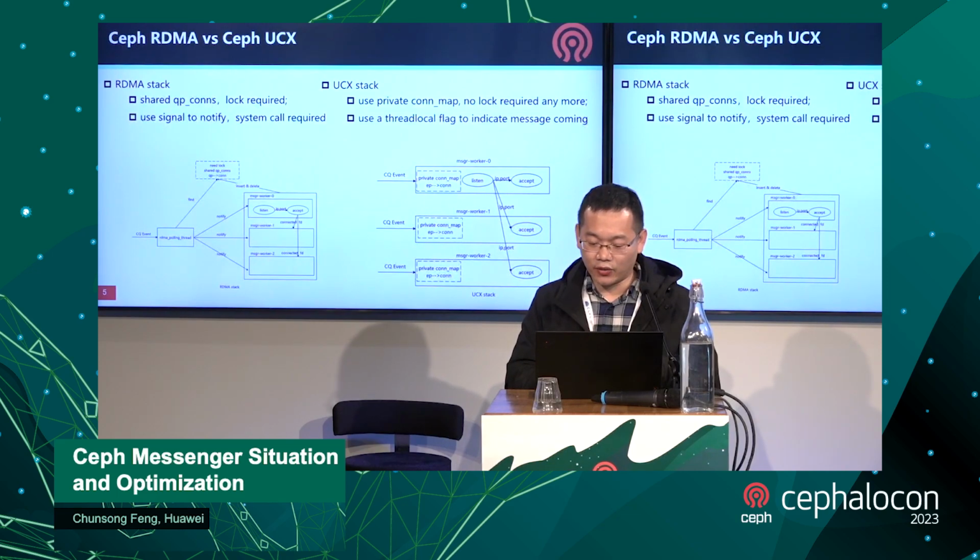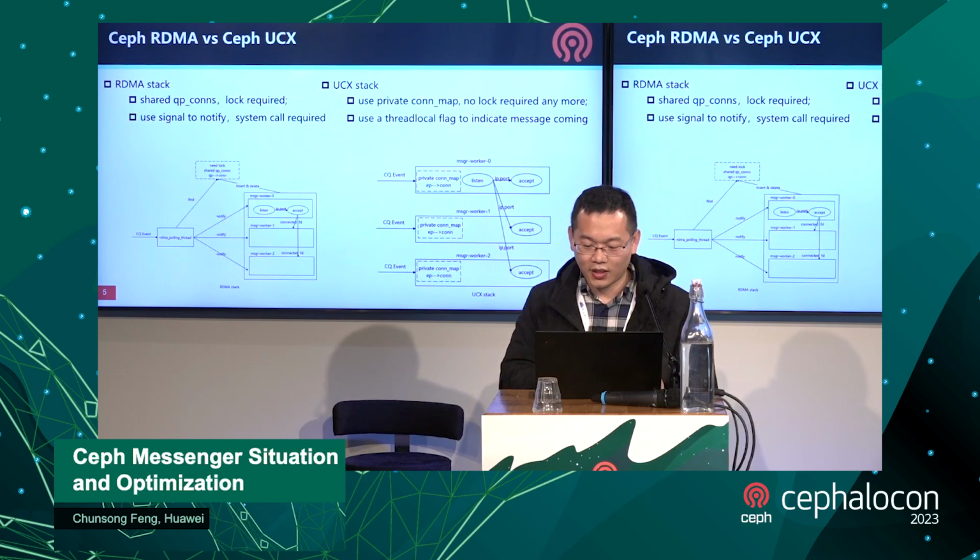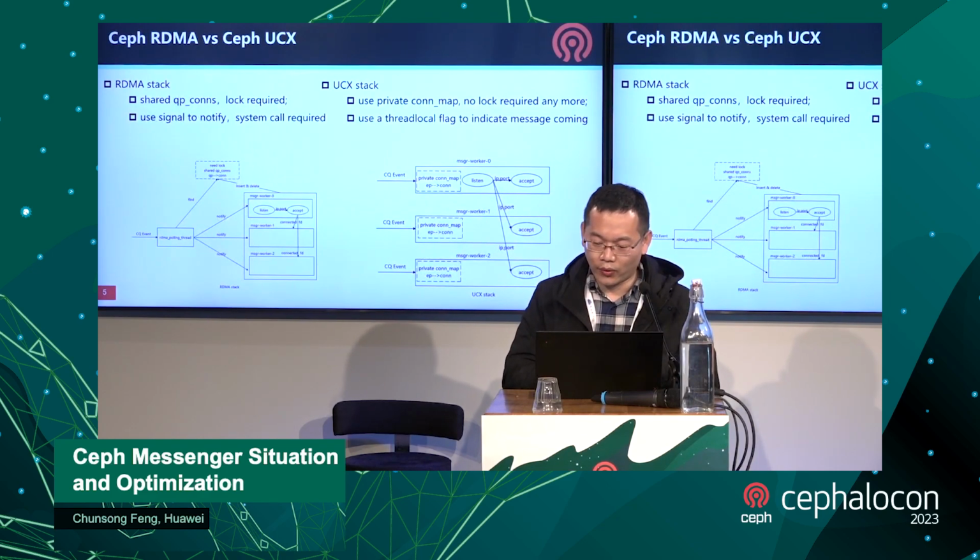For the UCX stack, we can see the right picture. We have optimized two points: the lock and the system call. We provide a connection map for each message worker, so no lock is required anymore.